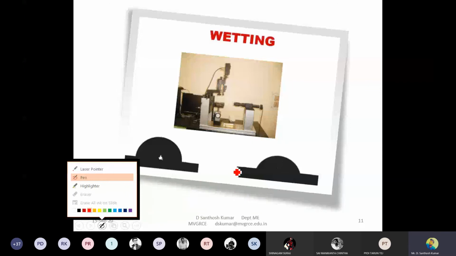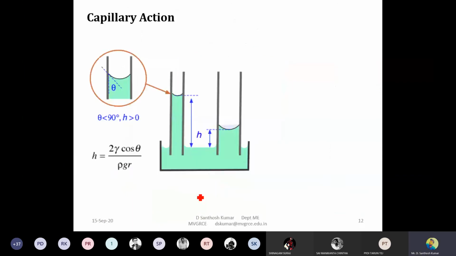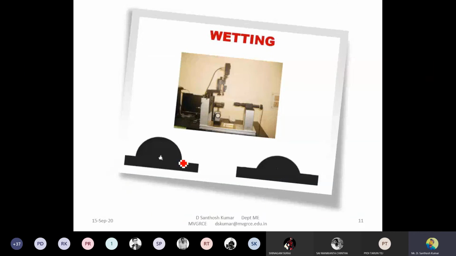It's not playing here right now. But you can see here this is the droplet and this is the droplet here. So you can check the contact angles here. It depends upon the contact angles only. This is the measurement of how you measure the contact angles. Later we will discuss; I will show you this video.